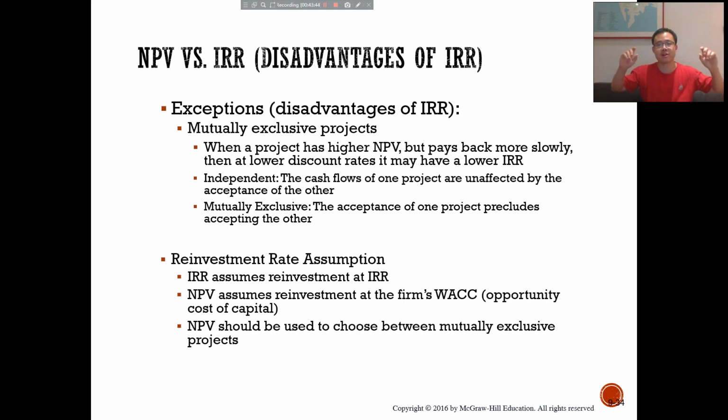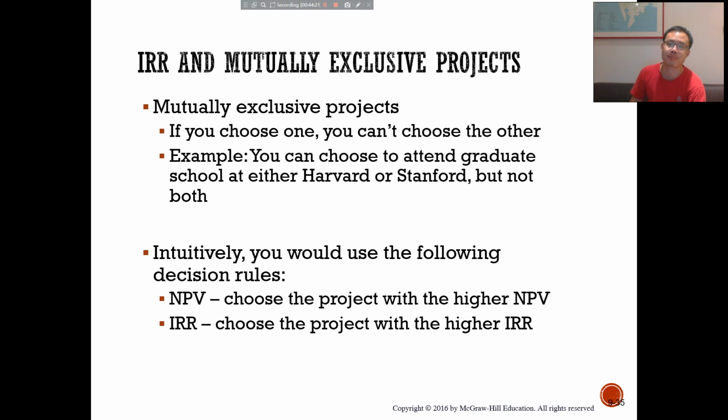So every year it assumes that the rate is IRR. But NPV is different. NPV assumes reinvestment at the firm's weighted average cost of capital, or its opportunity cost of capital, which is determined by the market interest rate, not the IRR. And NPV should be used to choose between mutually exclusive projects if you find that the IRR criteria cannot reach a consistent conclusion. Take an example.